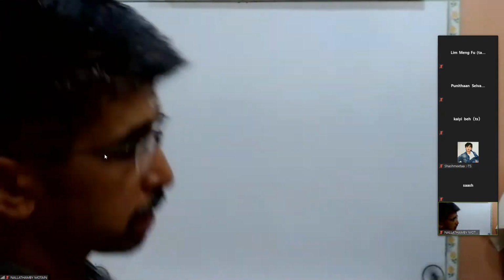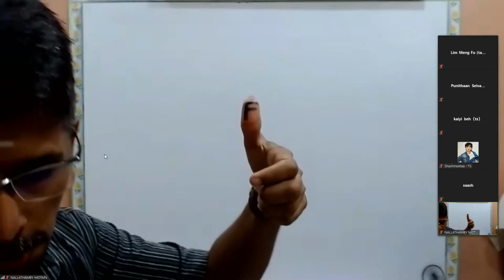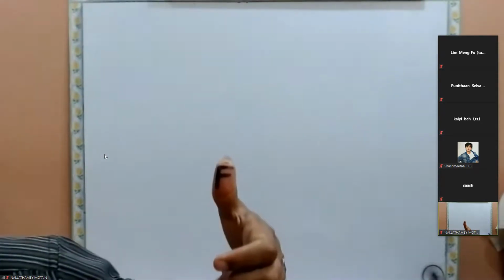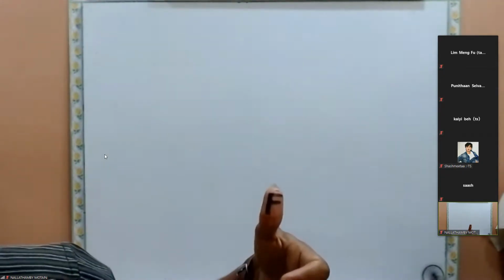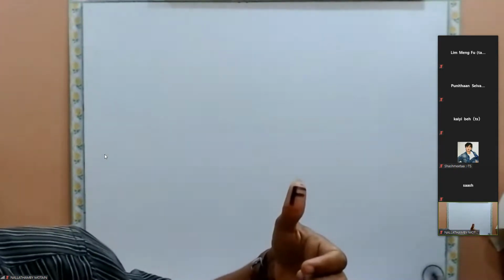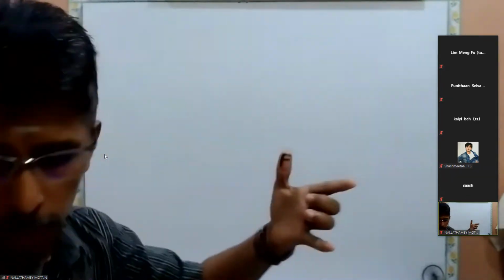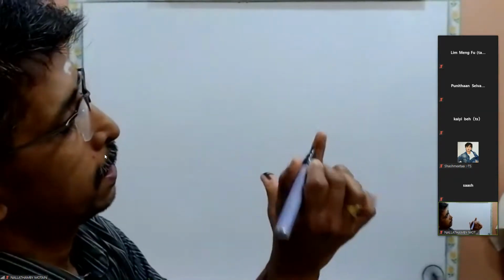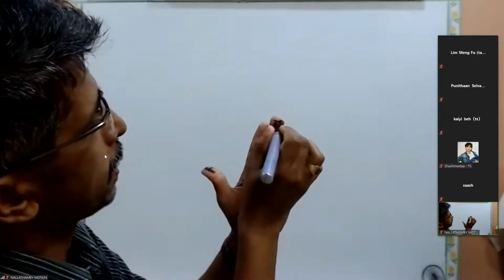Your thumb will represent force, F. Then current, the longest finger, we give I, current.